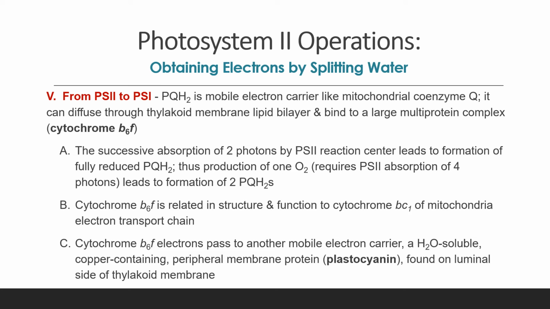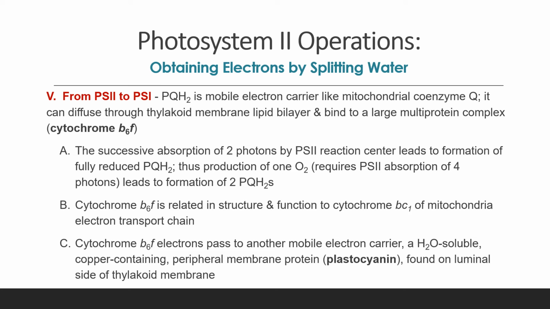photosystem 1. So here we have the PQH2, which is a mobile electron carrier like your mitochondrial coenzyme Q. It can diffuse through the thylakoid membrane lipid bilayer and bind to a large multi-protein complex, the cytochrome b6f.